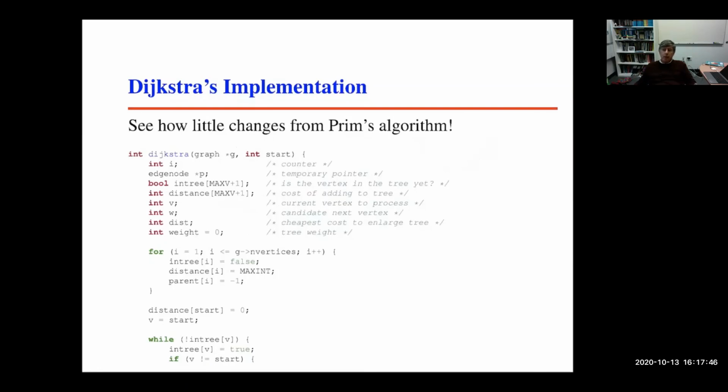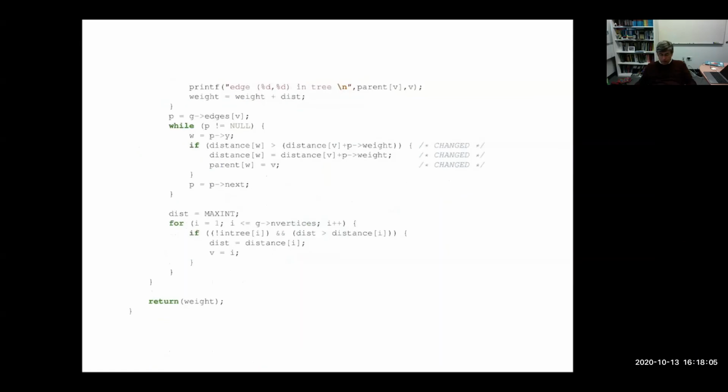The amazing thing is that there's only 4 lines that change between my Prim's algorithm and Dijkstra's algorithm. The first one is I changed the name of my routine from Prim to Dijkstra. The bigger thing is over here. What did Prim's algorithm do to find a minimum spanning tree?